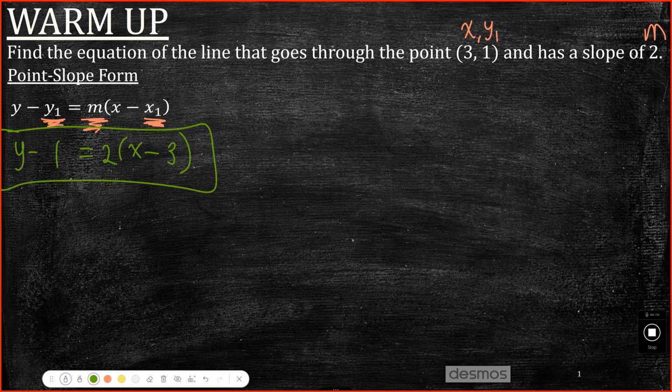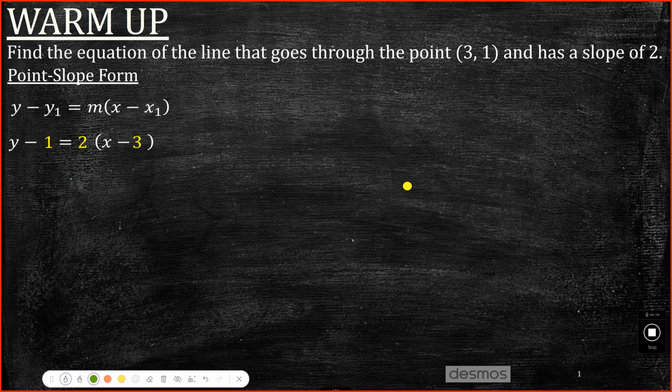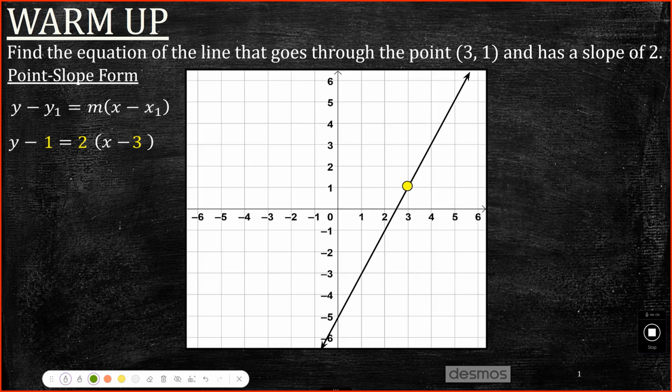So how do we know that this is true and it works all the time? Well, if we go to the graph and put the point at (3, 1), with a slope of 2, then on the graph this is the x coordinate, this is the y coordinate.